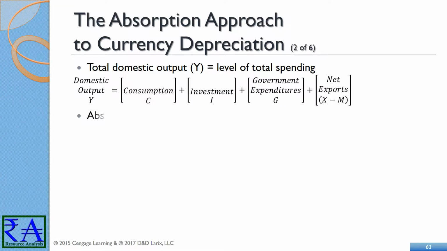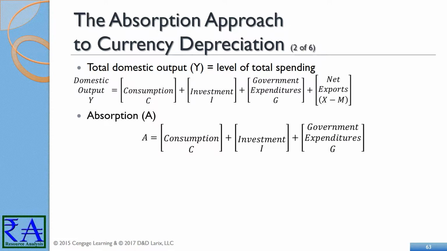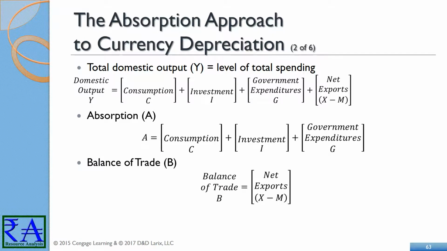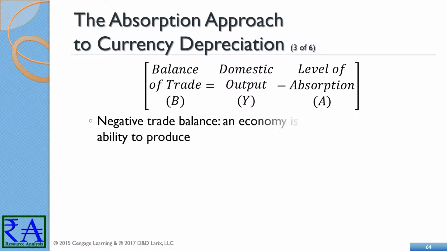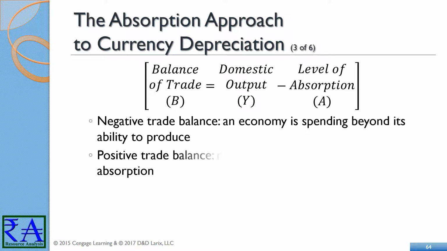The absorption approach rearranges these variables to sum consumption, investment, and government expenditures into a variable called absorption, and to isolate net exports into a balance of trade variable. Rearranged, Y equals A plus B, or domestic output equals absorption plus net exports. Therefore, net exports equals domestic output minus absorption.